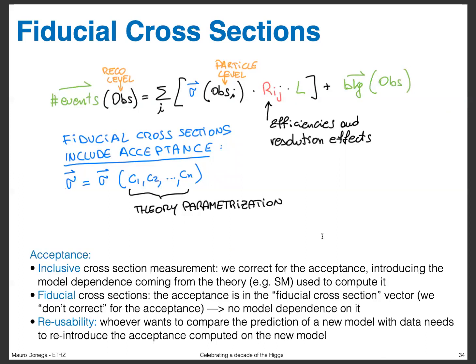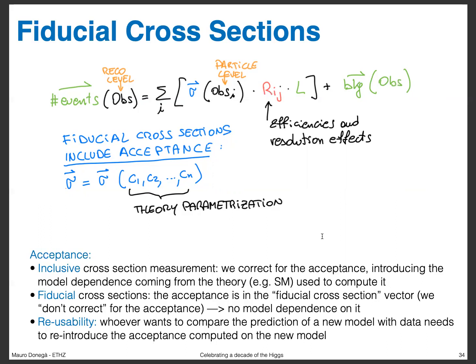By correcting for the acceptance, we automatically introduce a model dependence coming from the theory that you use to compute this acceptance. The acceptance is computed at particle level, the generator level, effectively, where you essentially count the number of events that enter in your acceptance divided by the total number of events that you produce.